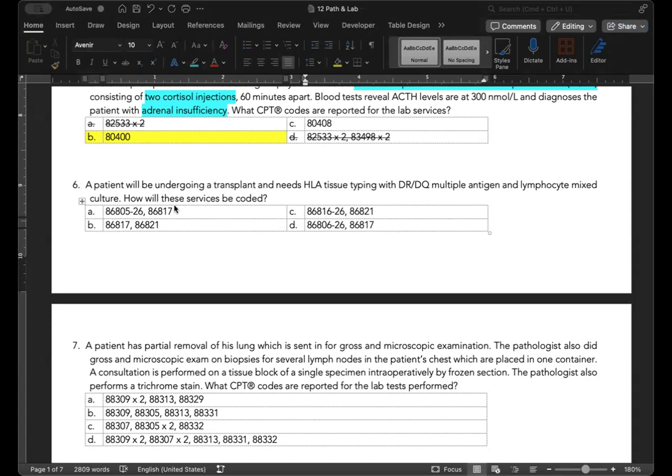Okay. But we're only going to potentially rule out 1, right? But we do have 2 86821. So either way, we're going to rule out 2. So what I would do is I would go to the 86821 and decide if that is a code that I need or if I don't need it. And then either way, I've got 2 of my codes. I've got 2 options left.